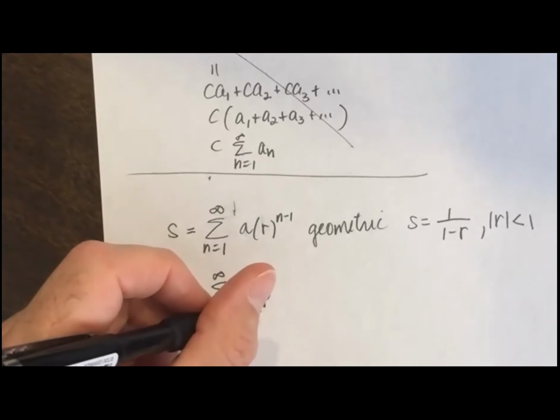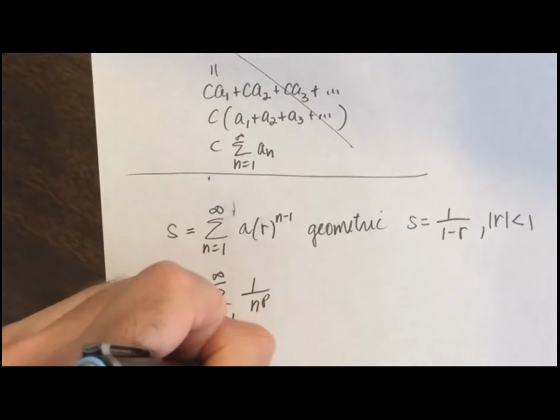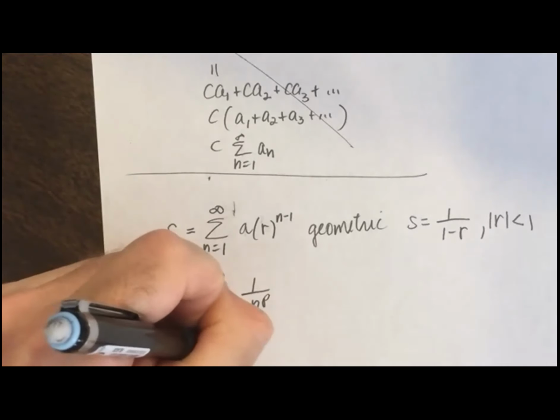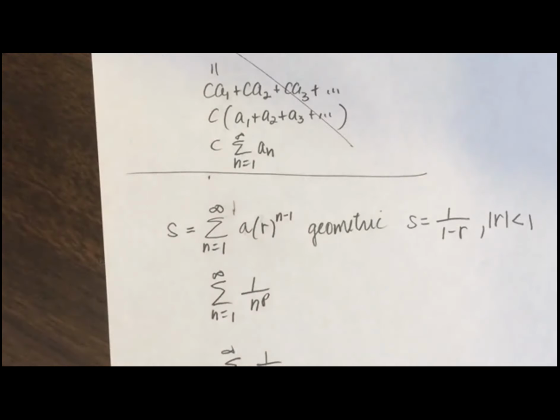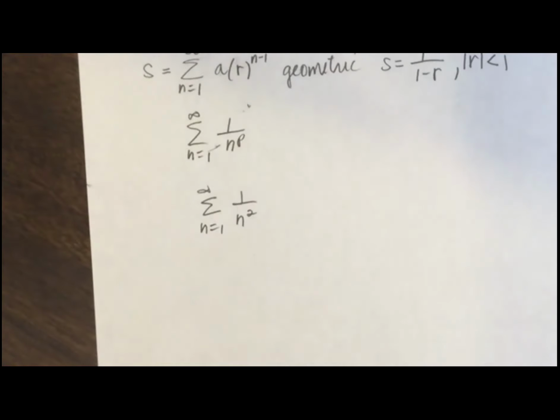So specifically what I'm thinking about is, what if you had something that looked like this, 1 over n squared? In other words, now I'm adding up 1 plus 1/4 plus 1/9 plus 1/16.